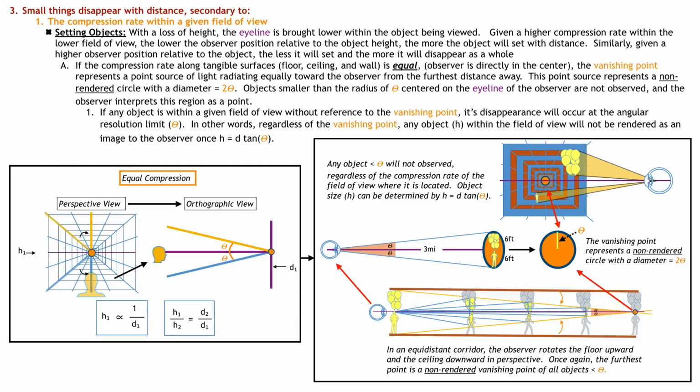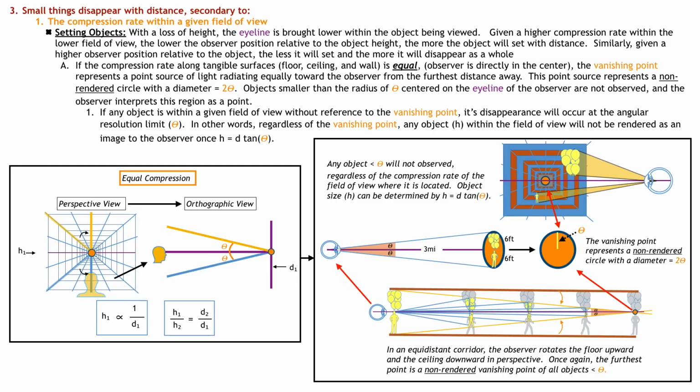So with the loss of height, the eye line is brought lower within the object being viewed, just like how we brought our eye line lower within that gray box shown earlier in the perspective view. We're just bringing our eye height down with respect to an object being viewed, and compressing that lower visual field.